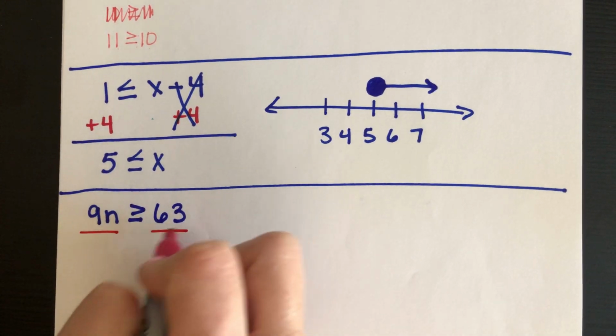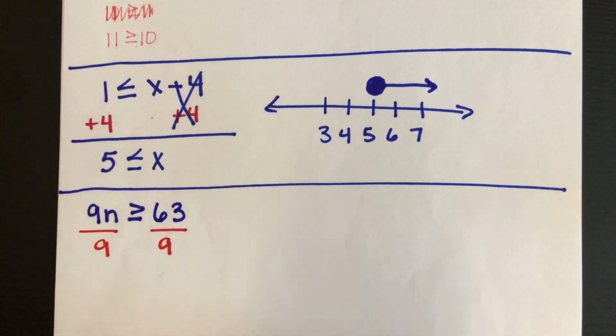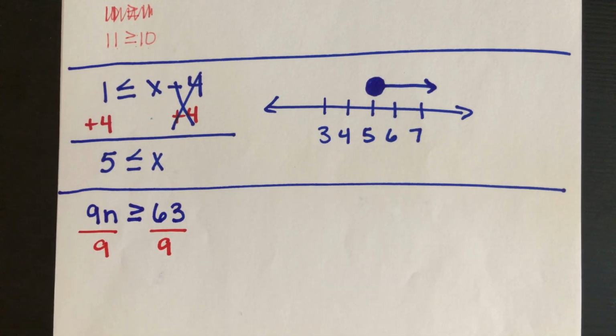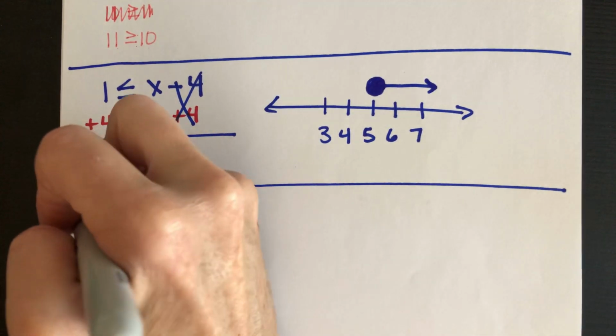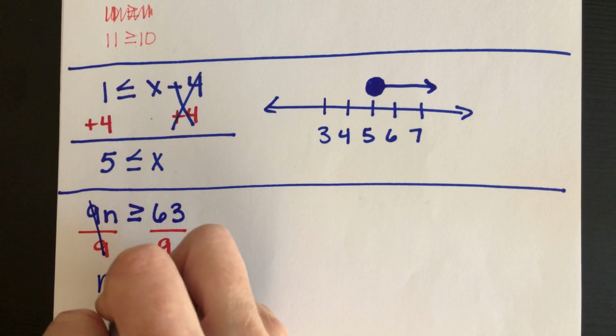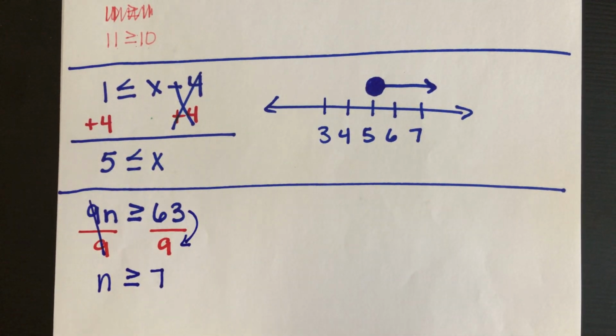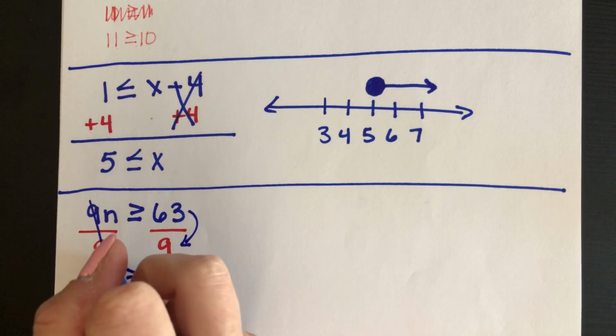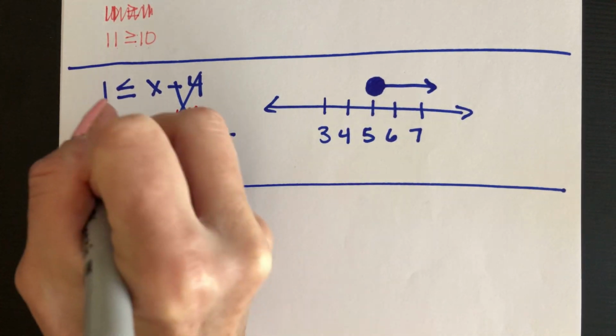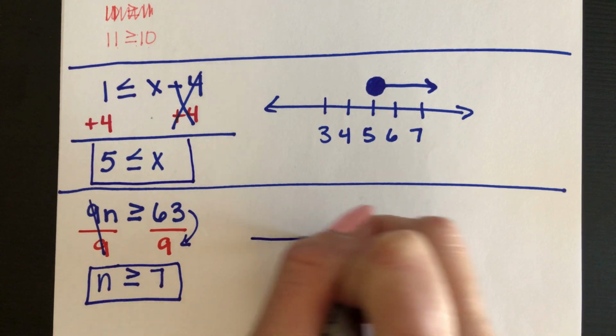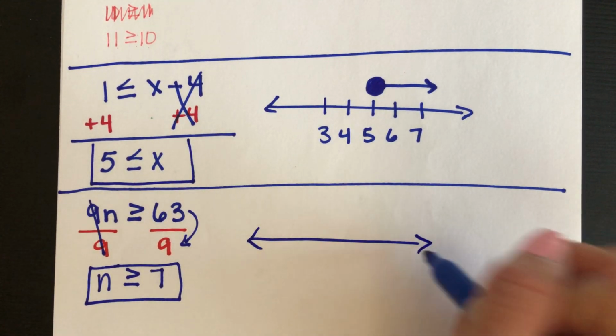So I'm going to divide both sides by 9. These 9s cancel out, and I'm left with n is greater than or equal to 7, because 63 divided by 9 is 7. So there's my solution. I need to draw my graph now.